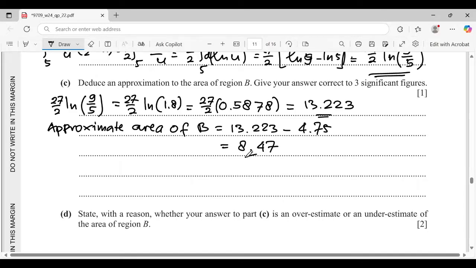So it equals 8.47. So you can compare the approximate area of region B and the approximate area of region A. Based on the trapezium rule, this is the area of region A and this is region B, and the total is 13.223.